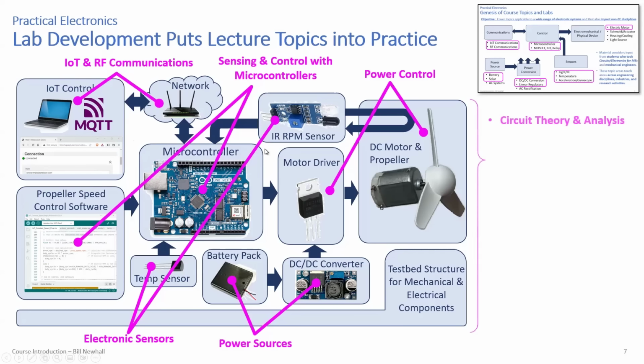But we're going to start out in the beginning of the course talking about basic circuit theory and analysis because it applies to everything here. We're going to talk about electronic test and measurement. And then at the end, electronic product development. Like if you wanted to take this and make a circuit board and fabricate something as a product, what are some design steps that you would use?